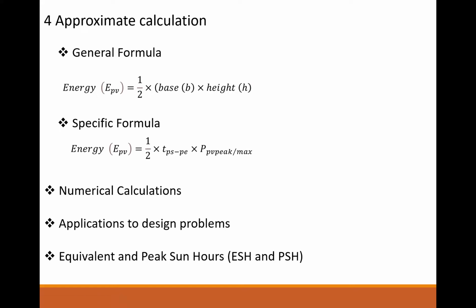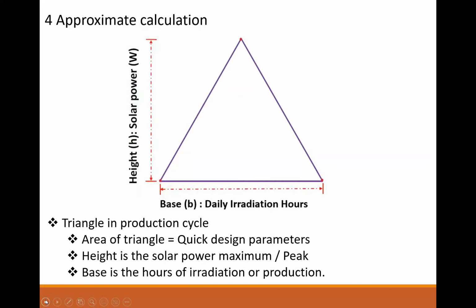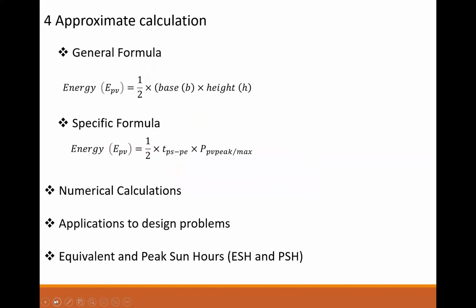where we apply this to a design problem. If we look at all these hours, we've moved from a trapezium, which is a bit of a complex level, to a triangle, and then we can move to a rectangle, which is just multiplying two values, time and our peak value, or the maximum value of solar PV.